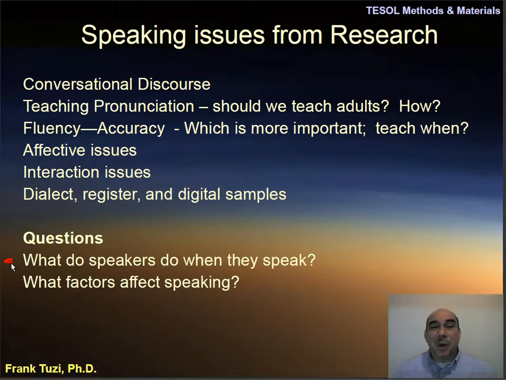I typically want to work with sounds that are easy to see. In other words, you can see them on your mouth. Or they're easy to hear. There are some sounds that are hard to see. The L and the R, very difficult. It's often very difficult for many people. But I'll try to deal with things that are either impeding meaning or are visible to the eye when you look at somebody's face.